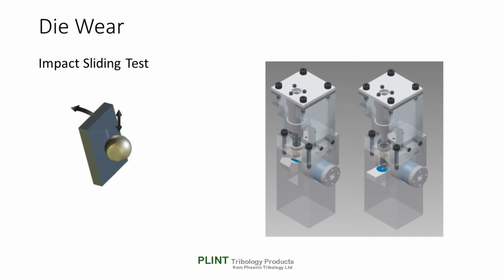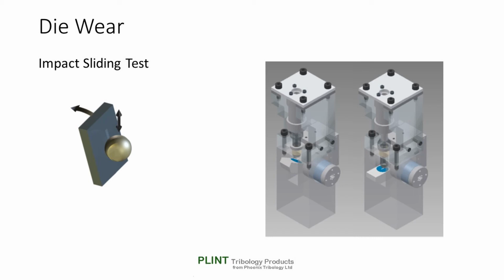The Autosteel Partnership 2011 report Impact Sliding Wear Tests on Duplex Treated Die Materials describes an impact sliding rig developed by the University of Windsor, Ontario, in which a pneumatic actuator is used to drive a ball against an inclined sample plate mounted at an angle on a pivot arm and preloaded against a stop by a heavy die spring.